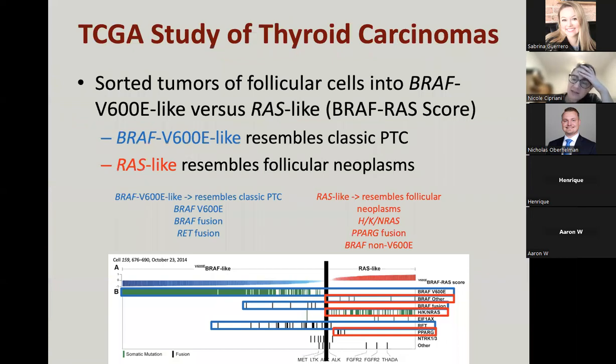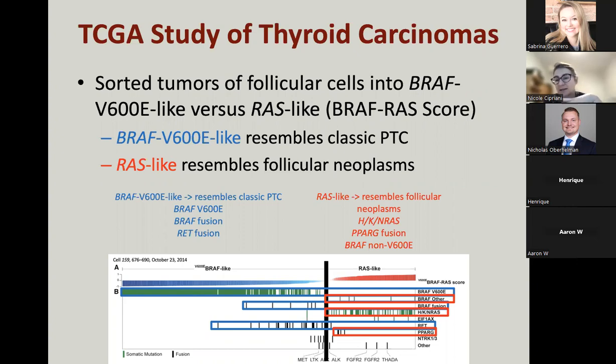This detailed information on sorting of thyroid carcinomas came from the TCGA study, the Cancer Genome Atlas, published back in 2014, which really said, if you have a BRAF V600E mutation or a BRAF V600E-like mutation, these are really, really biologically similar. They are pretty much classic papillary thyroid carcinomas.